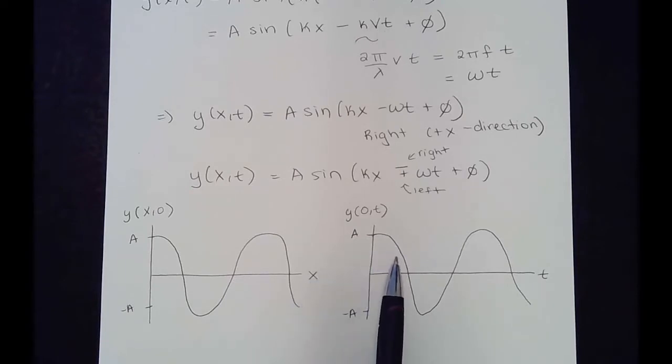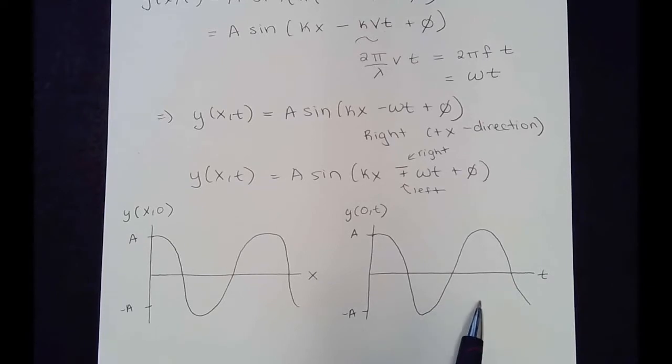And then here we have a graph of y versus t, and in this case it's at x equals 0, and the period would be T, what we actually call the period in time. So though these look similar, they're not exactly the same. We do have the same initial conditions since we're looking at one motion, but otherwise the parameters would vary.